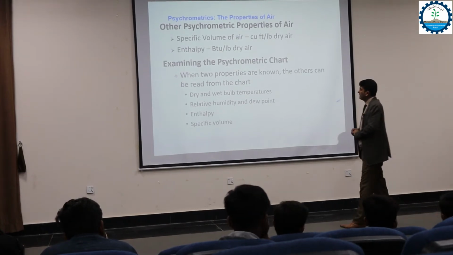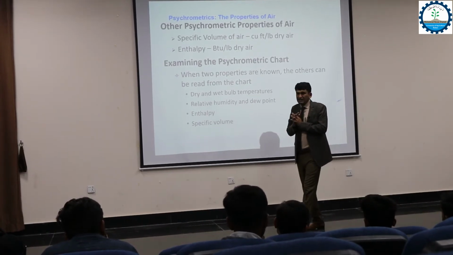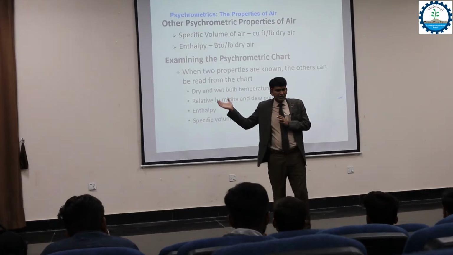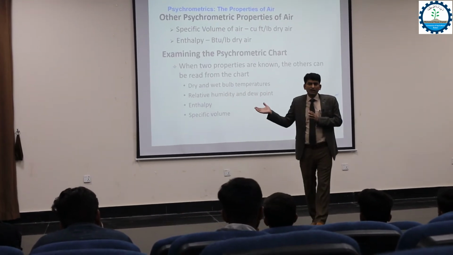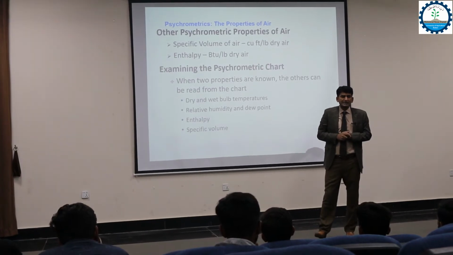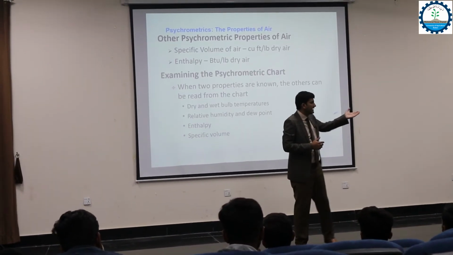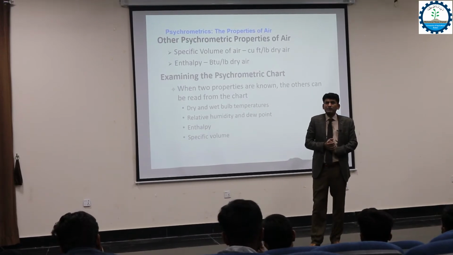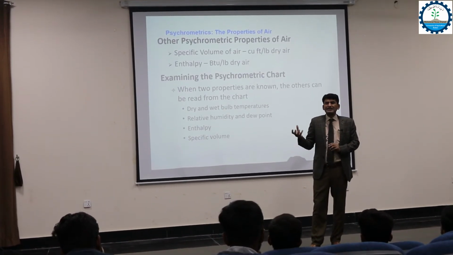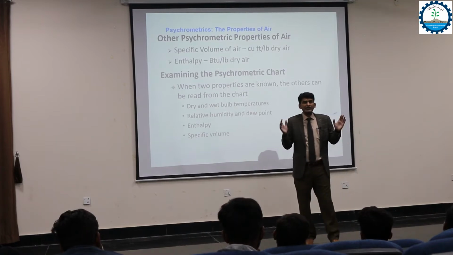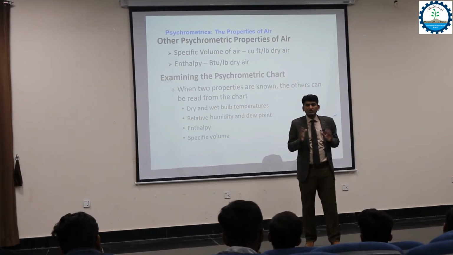psychrometric chart. We discussed 6, 7, 8 properties of psychrometrics, and if we know only two, we can use our wet bulb or dry bulb thermometers and easily predict the ambient conditions of this classroom.